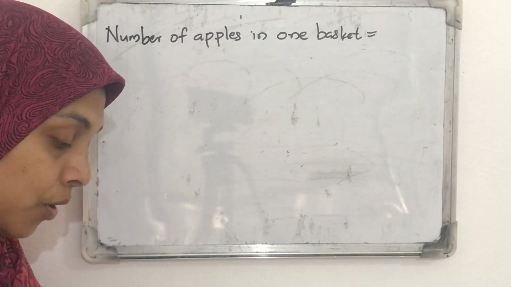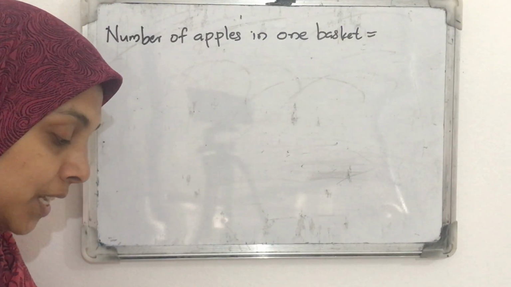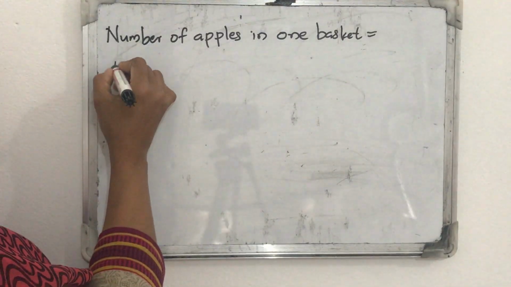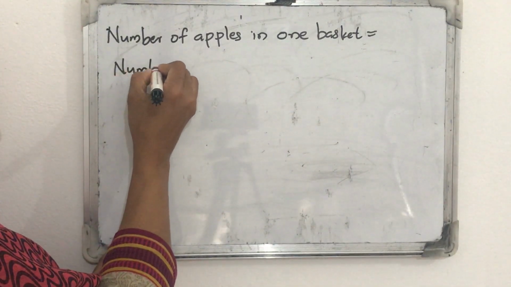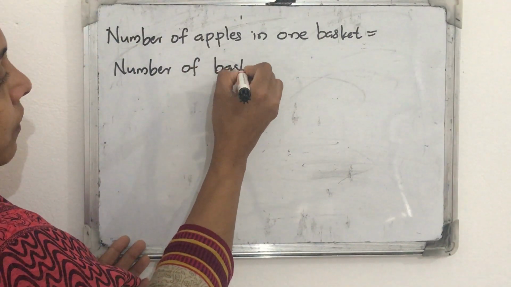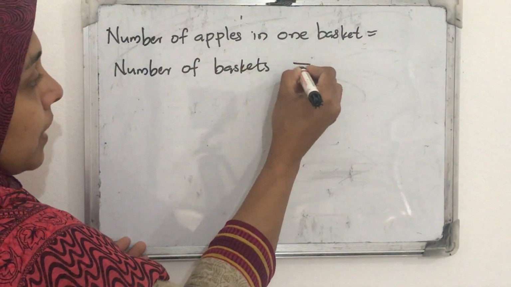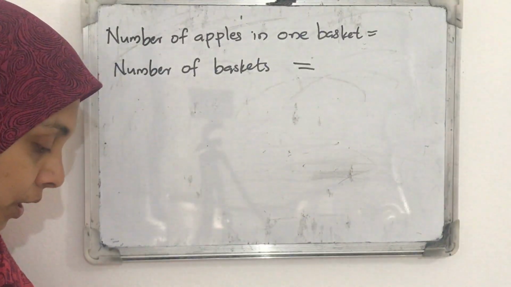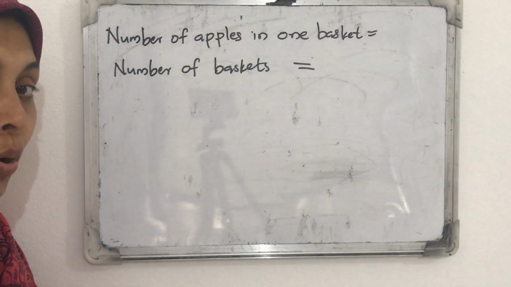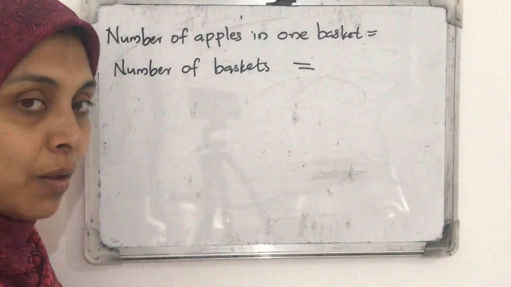Then what we want to find out: how many apples can be placed in 42 such baskets. So next we can write number of baskets. How many baskets are mentioned here? Number of baskets. That answer also you can write looking at the question. Then what do we want to find out? We want to find out the number of apples in the total baskets.